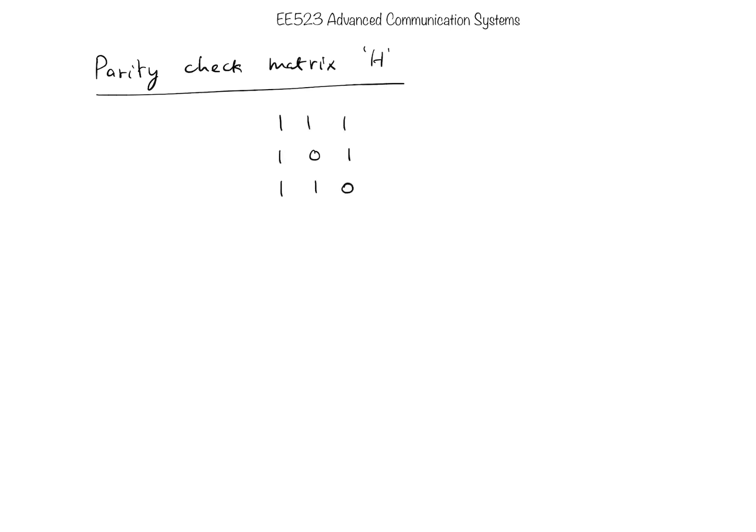For the decoding process, we use the parity check matrix, which we denote as the H matrix. The H matrix for the 7/4 Hamming code has the form 1 1 1, 1 0 1, 1 1 0, and 0 1 1.